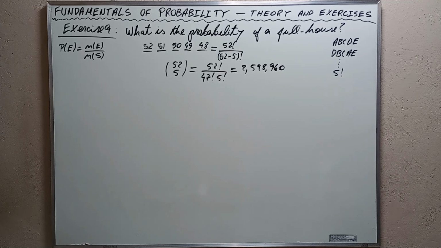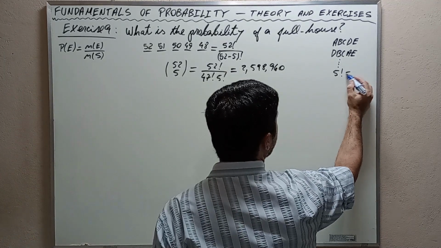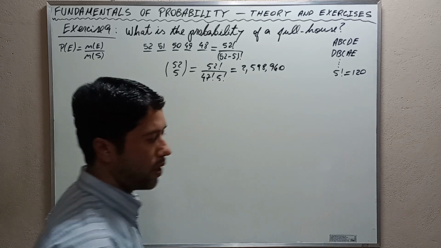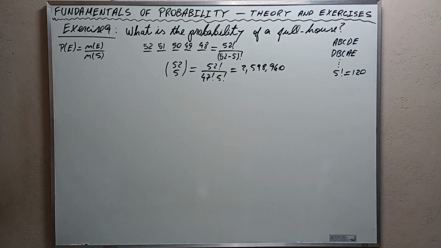Did you guys understand why we removed the repetitions? Again, there will be 5 factorial permutations of the cards A, B, C, D, and E. In other words, this number is equal to 120. There are 120 possible hands with the same cards.